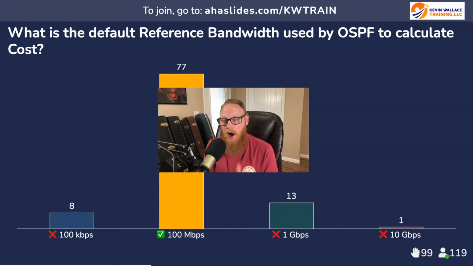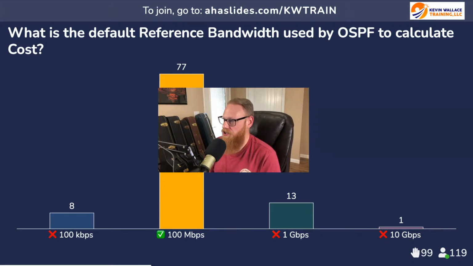Now, since the cost must be an integer value, interface speeds of 100 megabits or greater are all going to have a cost of 1 by default. So it's a best practice recommendation to set OSPF's reference bandwidth to at least the bandwidth amount of the highest speed interface that is used by OSPF in the network. So just a note there about setting those reference bandwidths and setting the cost.